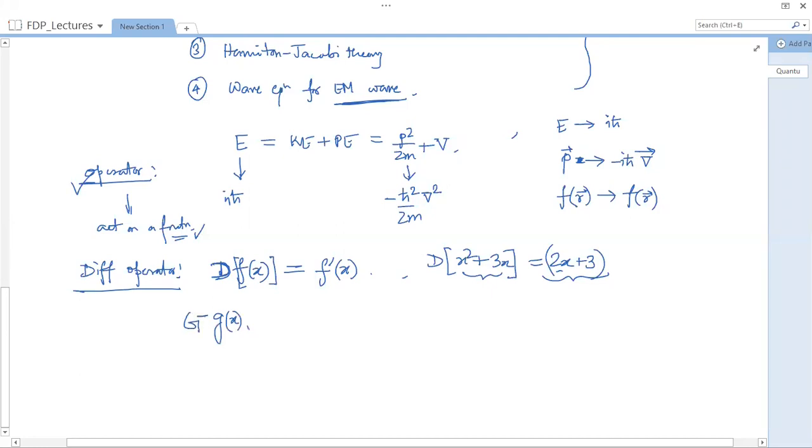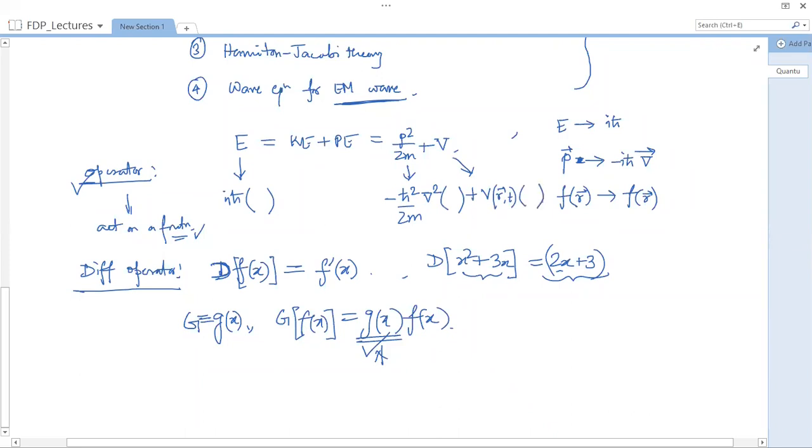Let's call the operator g as g of x, which, acting on a function f of x, will multiply it by the function g of x. So that is a kind of identity operator times the function. So any function V we can replace by something that must act on something, by simple multiplication, and what it acts on is the wave function psi.